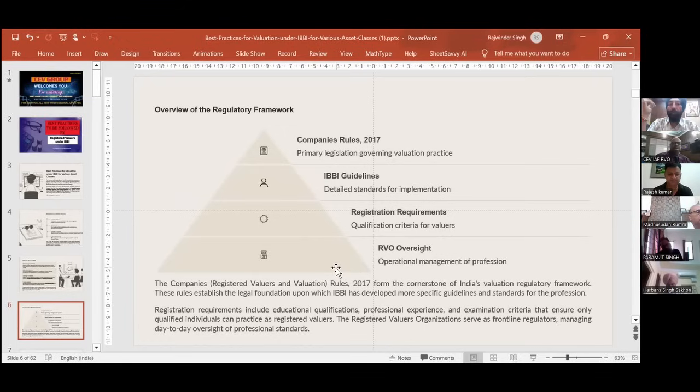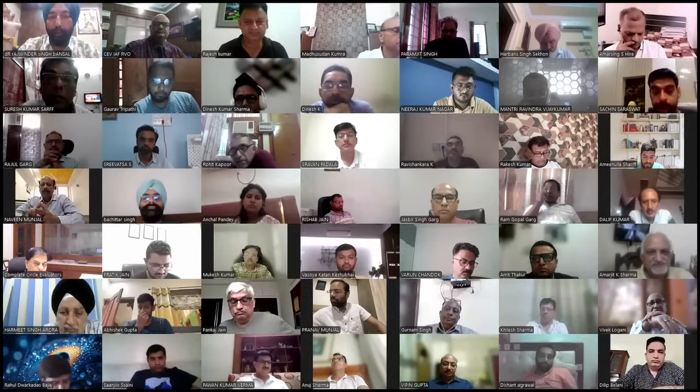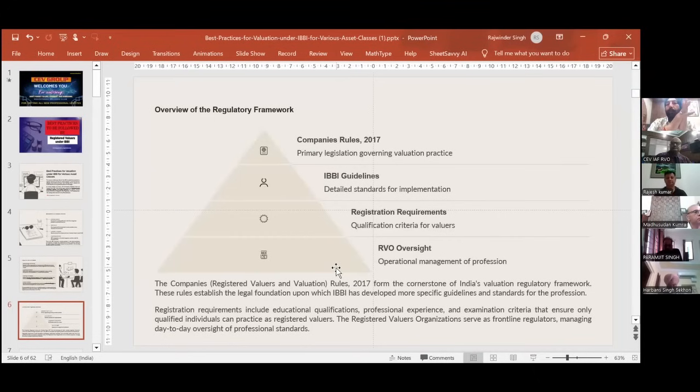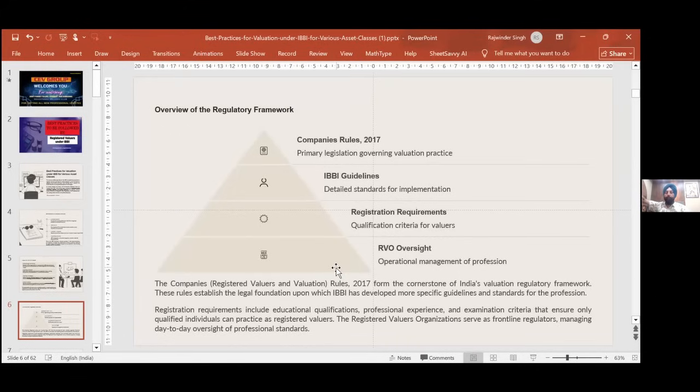The purpose of these rules was primary legislation which would govern valuation practices in India, and then IBBI provided detailed standards for implementation of these guidelines, and on the basis of IBBI guidelines, all of us have become registered valuers by having the requisite qualification and passing the requisite examination.